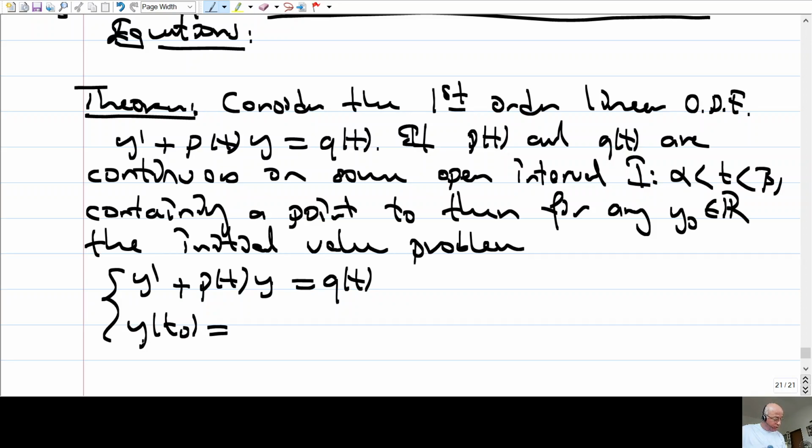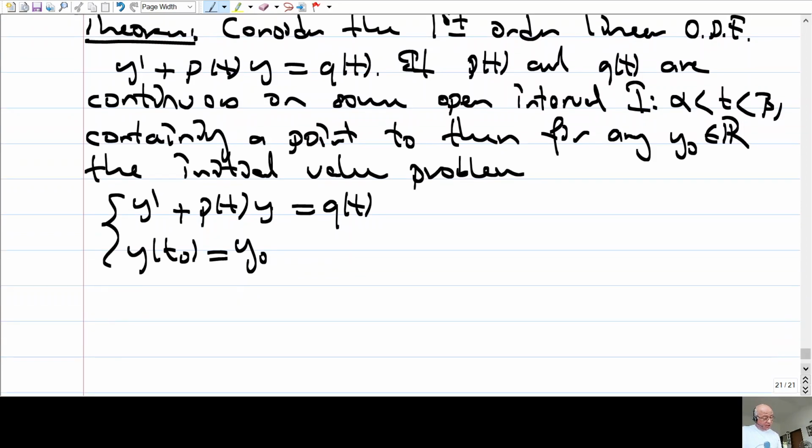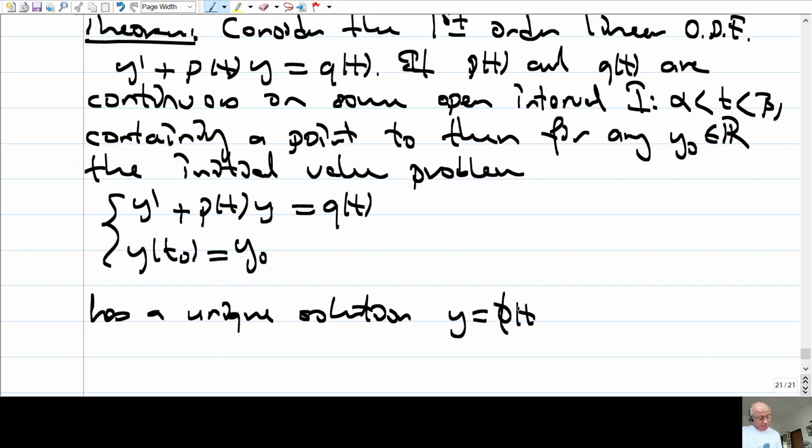At t0, the value of this function must be y0. And what is y0? Y0, any number you pick. This initial value problem has a unique solution, y equals, let's say, phi(t).